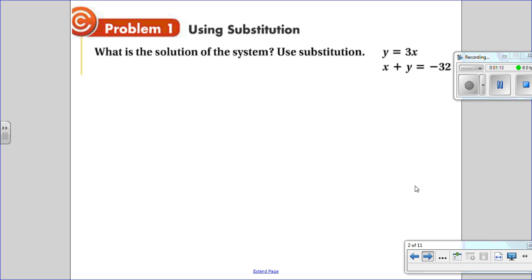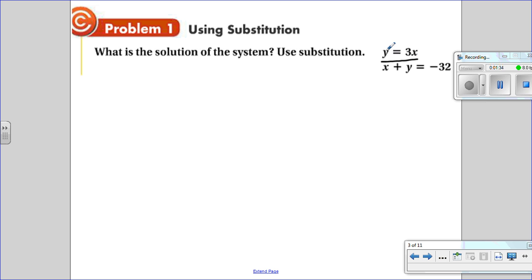So this is a very basic one. This is already set up nice and easy for us, but we have 2 equations there. We have y equals 3x, and we have x plus y equals negative 32. We already have one equation that is solved for a variable, y equals something.